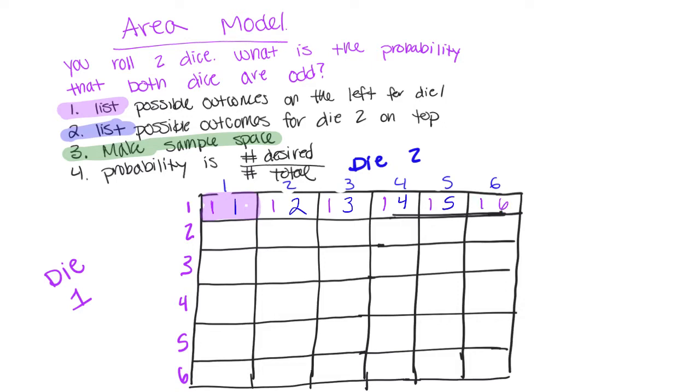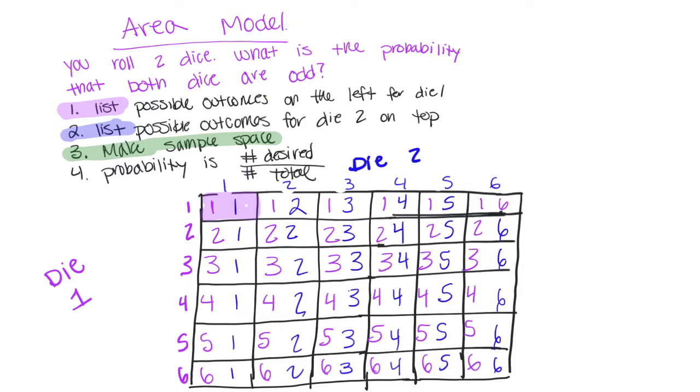Go ahead, take a second, draw this with me, and start filling it out. I will go through and label the rest of them. I'm going to pause the video and just finish the rest of it while you do that yourself.